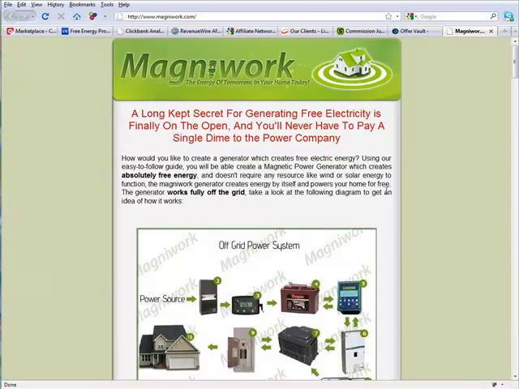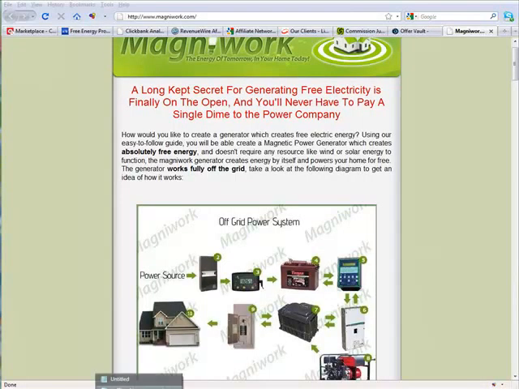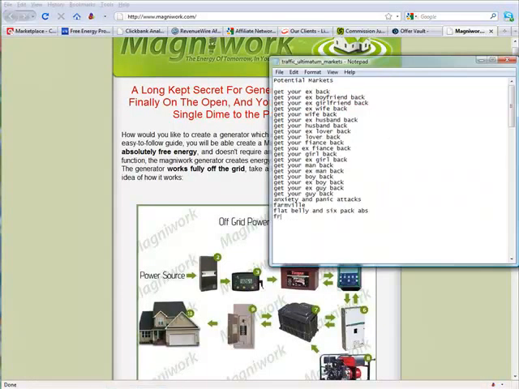Oh, okay. It would create a magnetic power generator. Okay, so the market here that they're looking at is free electricity, free electric, magnet, magnetic generator.